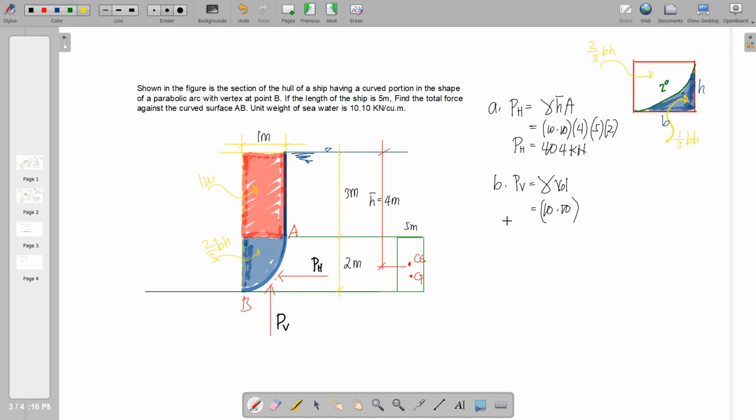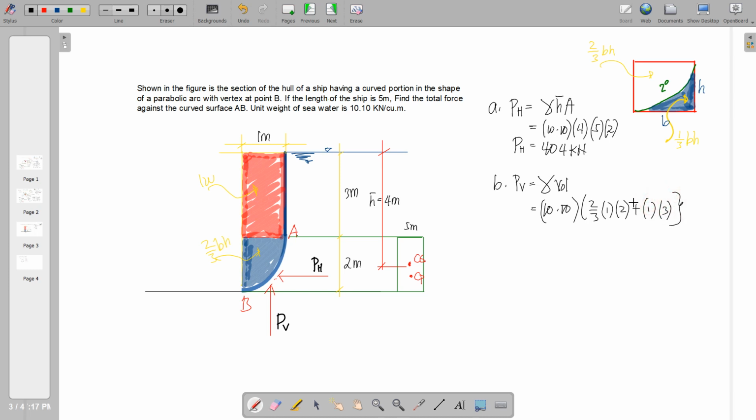So therefore, all of this area will be totaled and then multiplied by the width, that is 5 meters. So we place here the area of the parabolic segment, that is 2/3 times the base is 1, the height is 2, and then we add the rectangular portion, we have 1 by 3.